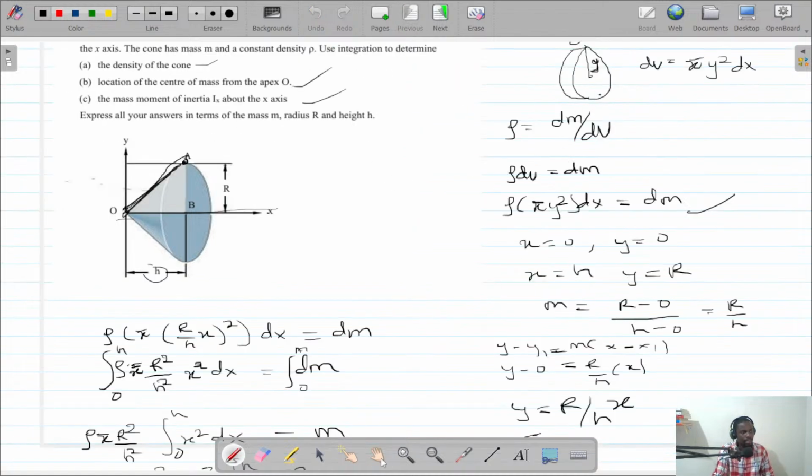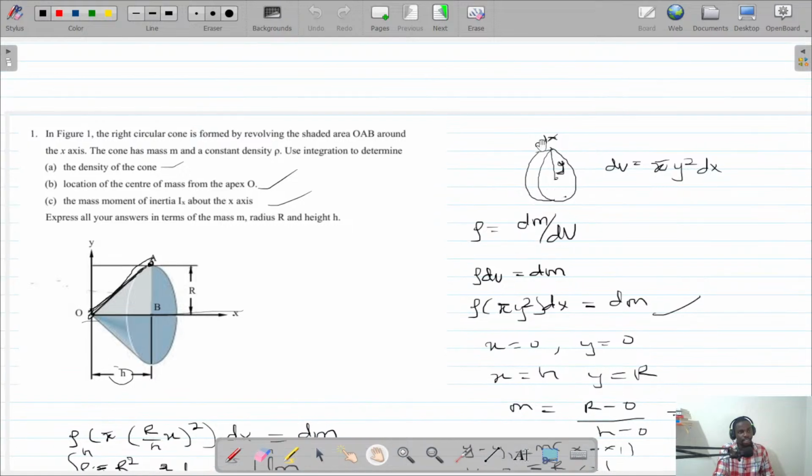If this elemental mass has a certain distance x to the center, then if we add all the masses times their distances from the origin and divide by the total mass, where would the center of mass be? That's the idea.